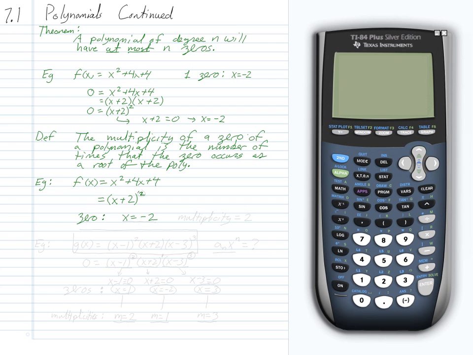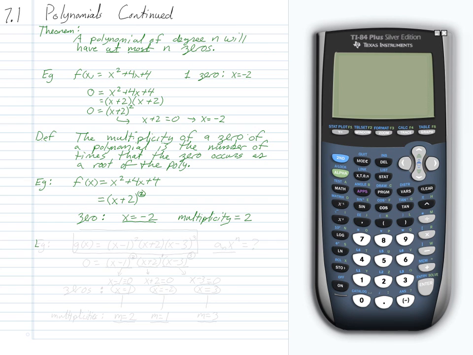So we look to the power to tell us the number of times that this zero occurs as a root of this polynomial. So the multiplicity of this zero is 2, since it occurs twice. In other words, the number of times that the factor that gives us a zero shows up in the factored representation of the polynomial will also tell us the multiplicity of that zero.